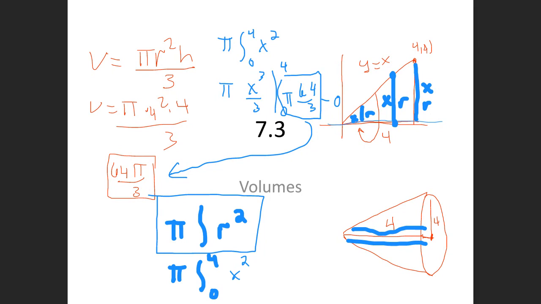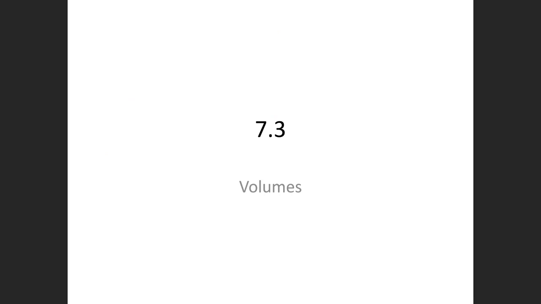Okay, so let's say I gave you a real easy one. I always like doing ones that we can solve using geometry, okay? So let's say I gave you y is equal to 4, right across here, just this line. And I'm going to take that all the way out to 6.